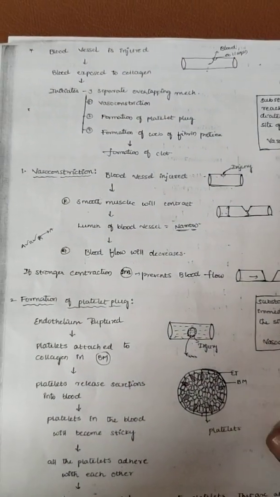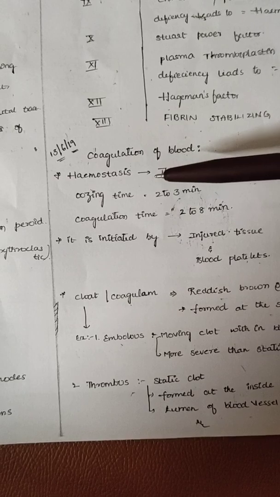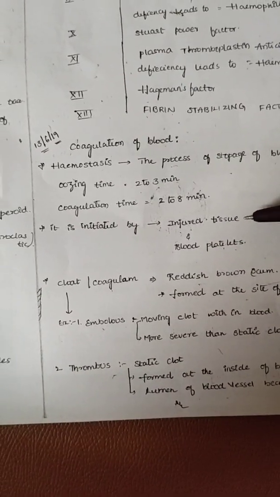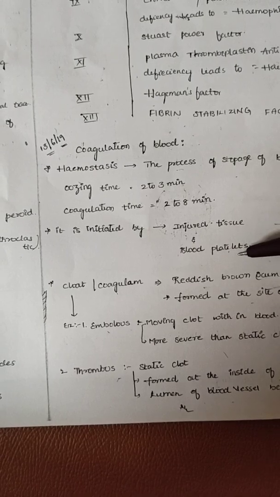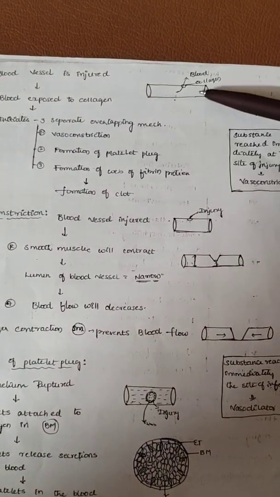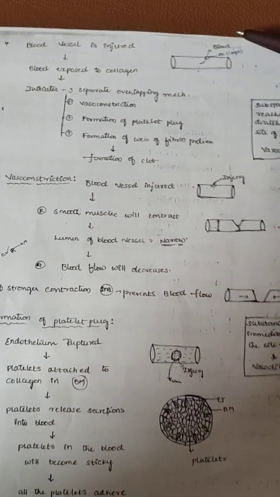I already said coagulation of blood is initiated by injured tissue and also by blood platelets. Here the injured tissue is the blood vessel.